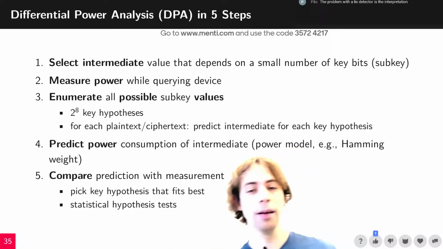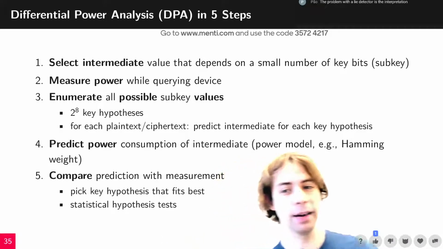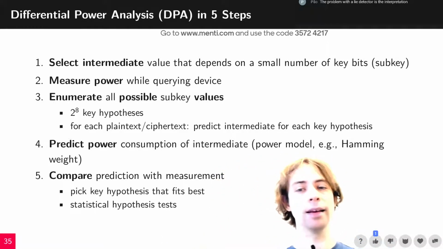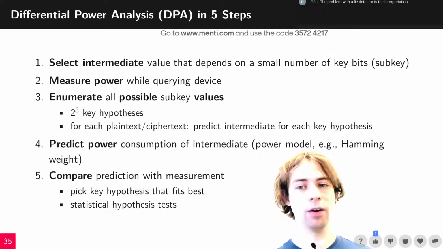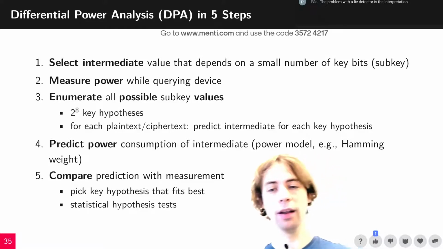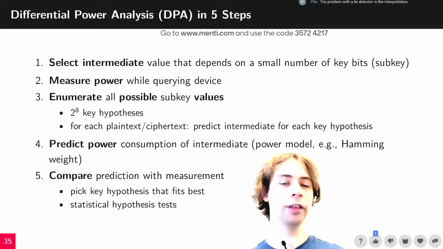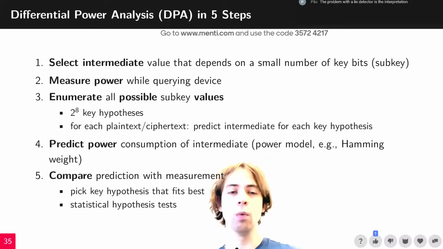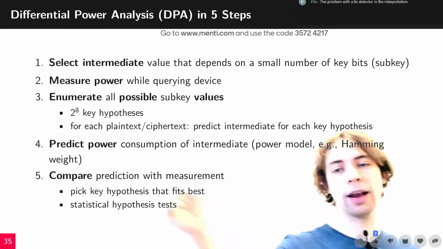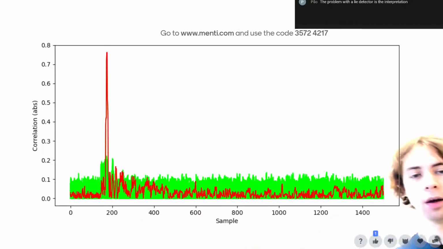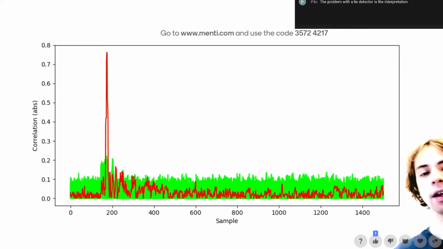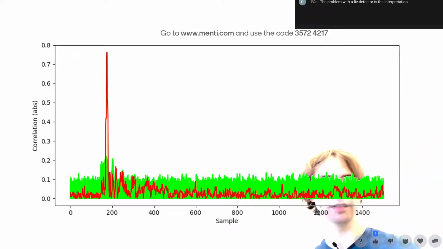And with that, we basically get the same as with a template attack, right? But this time the template is our model and not a template that we recorded. But then in the statistical hypothesis test, if we compute what the correlation is, then the correct key hypothesis will have a very high correlation, whereas the others will have rather low correlations.